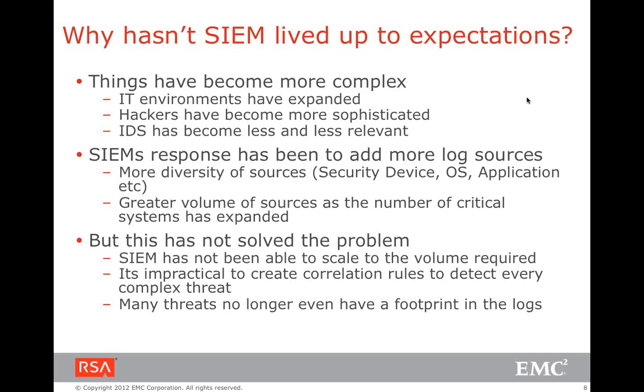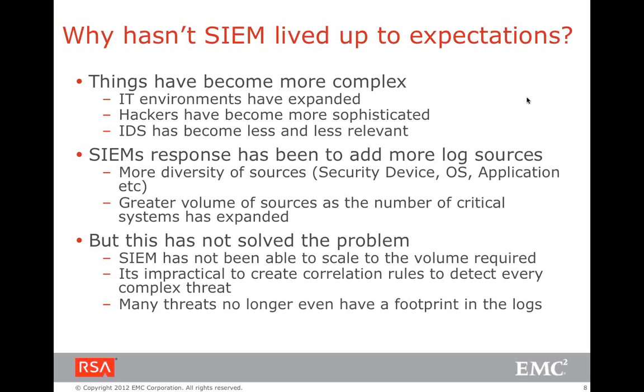And because many of these attacks will not really have an audit trail in place, not only is scale a big problem, but it's also difficult to write a correlation rule where there is just no data to work on.